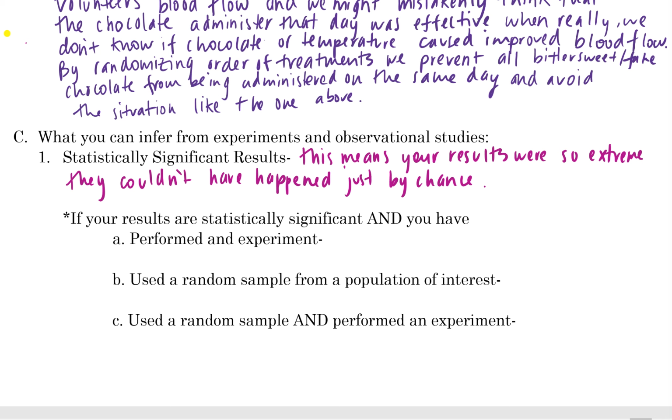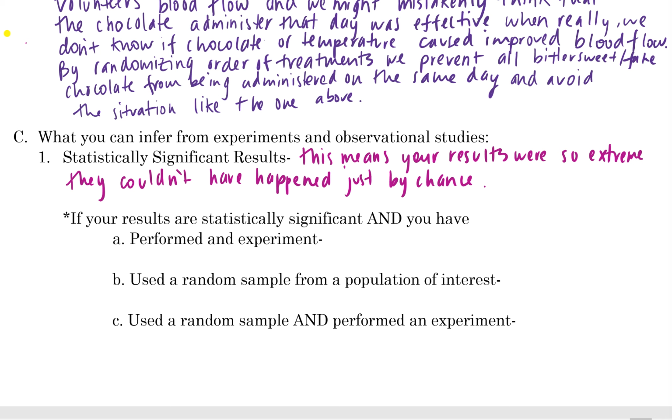But if I did my experiment and 96% of people were able to accurately identify which type of water was tap water versus Edison cockroach water, then that's pretty significant. I'm expecting to have about 50% of my volunteers be able to tell the difference, and I had 96% be able to tell the difference. That's an extreme result. That's extremely far away from the 50% that I was expecting. And so in that case, that's going to mean that I have statistically significant results.